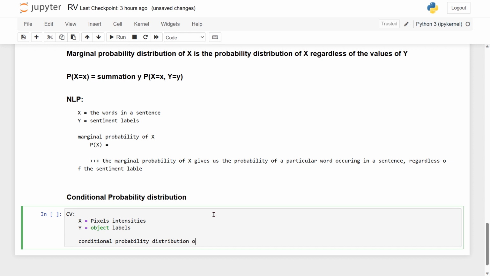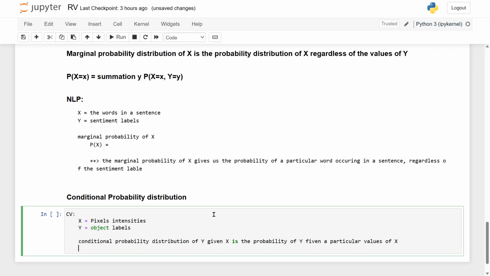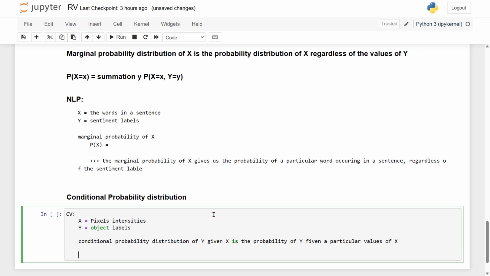Now the conditional probability distribution of y given capital X is the probability of y given a particular value of x, and it's computed using Bayes rule. Let me put it here in equation form.